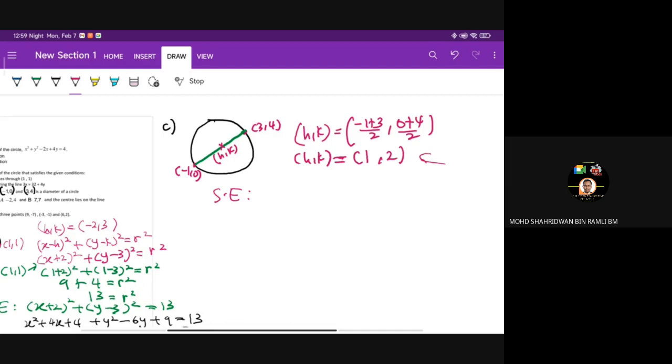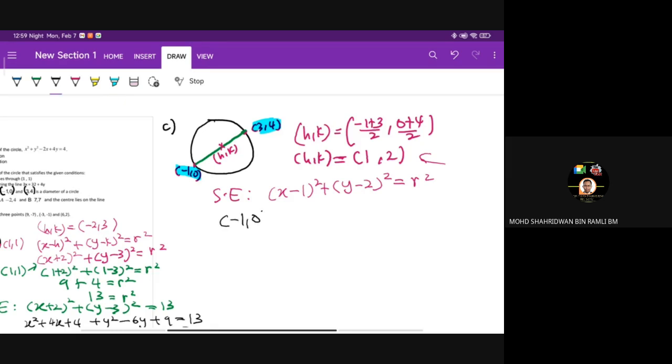So for this one, using the standard equation, you will have (x minus 1) squared plus (y minus 2) squared equal to r squared. Then you can choose any point, or you can also find the distance between the center and this point. Because (3, 4) or (negative 1, 0) lies on this circle, we may substitute any point here.